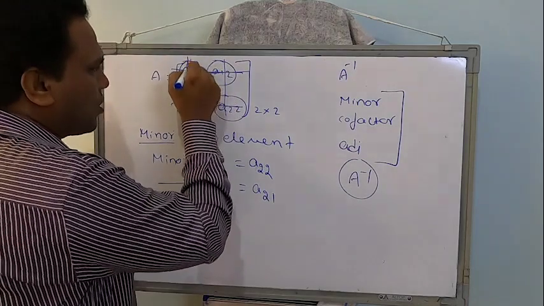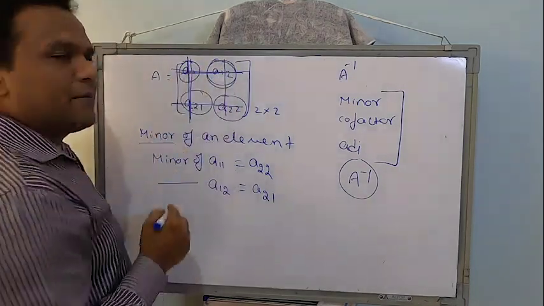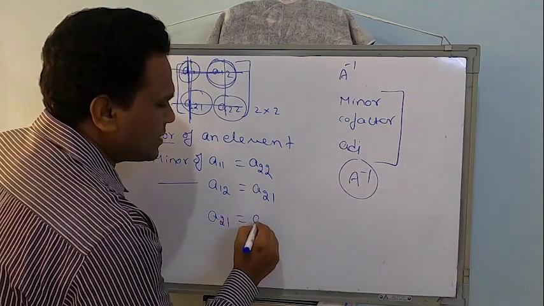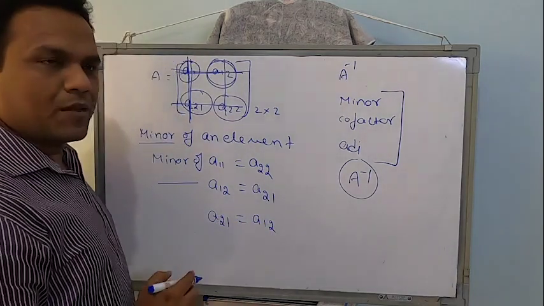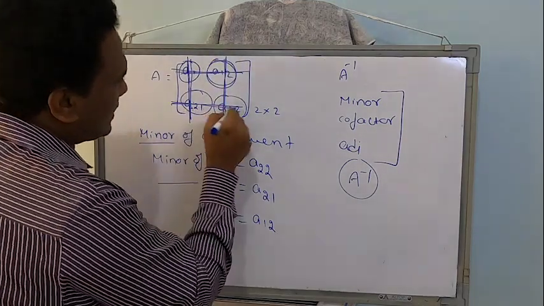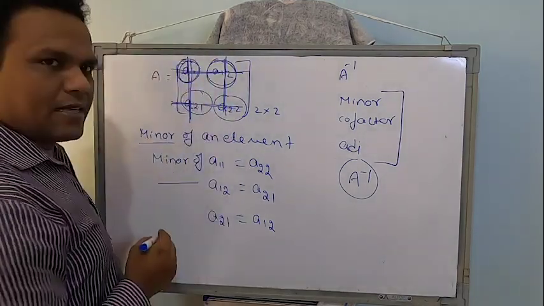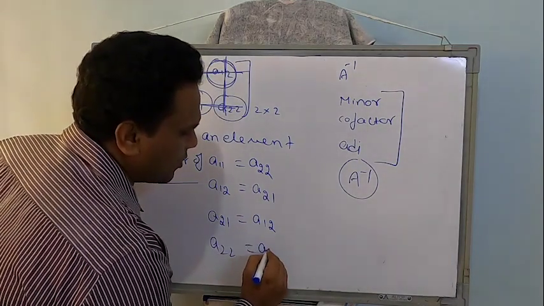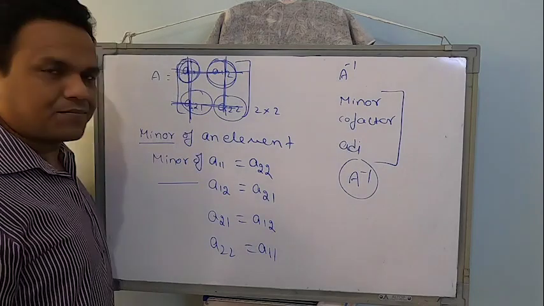Leaving the row and column in which that element is present, the remaining element is A12. So, minor of the element A21 is equal to A12. Similarly, for A22, an element of the second column and second row, leaving that, the remaining element is A11. So, minor of the element A22 will be equal to A11.